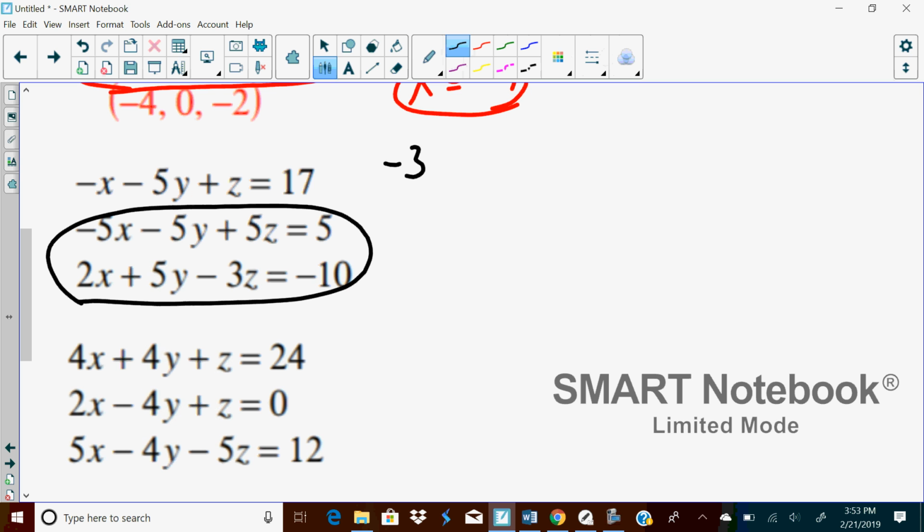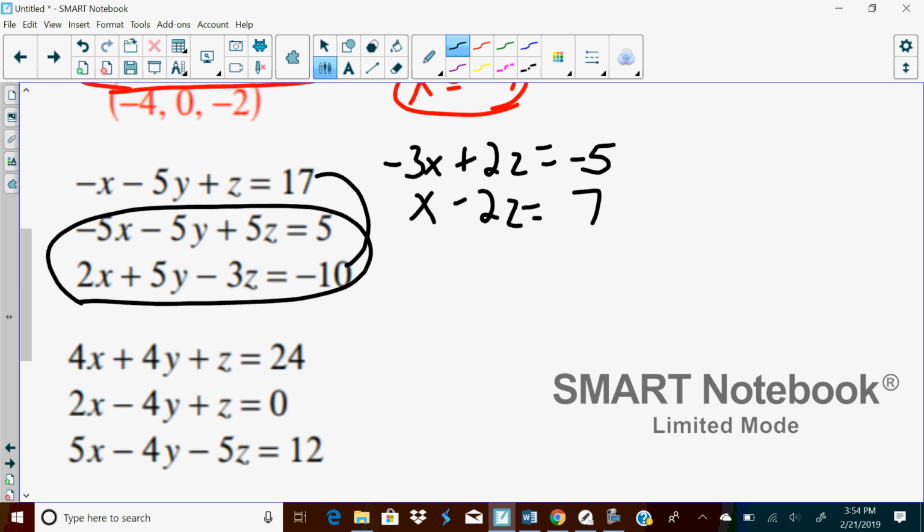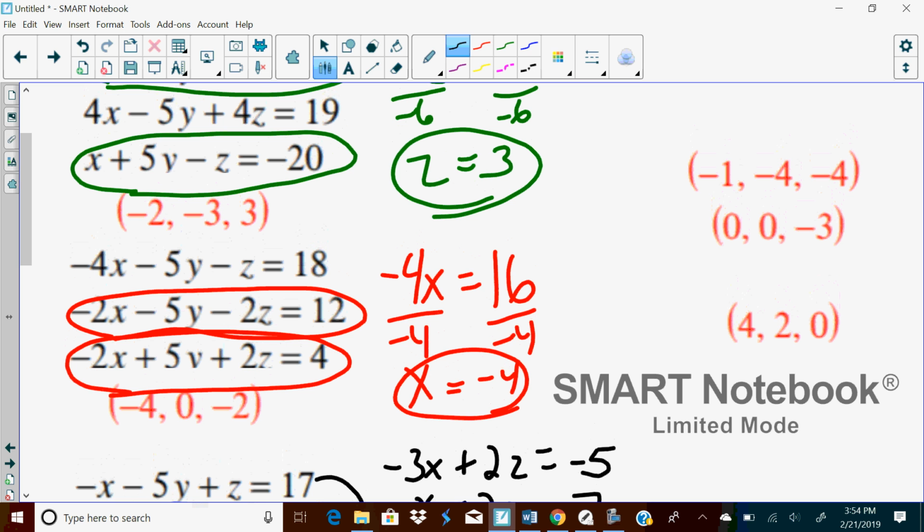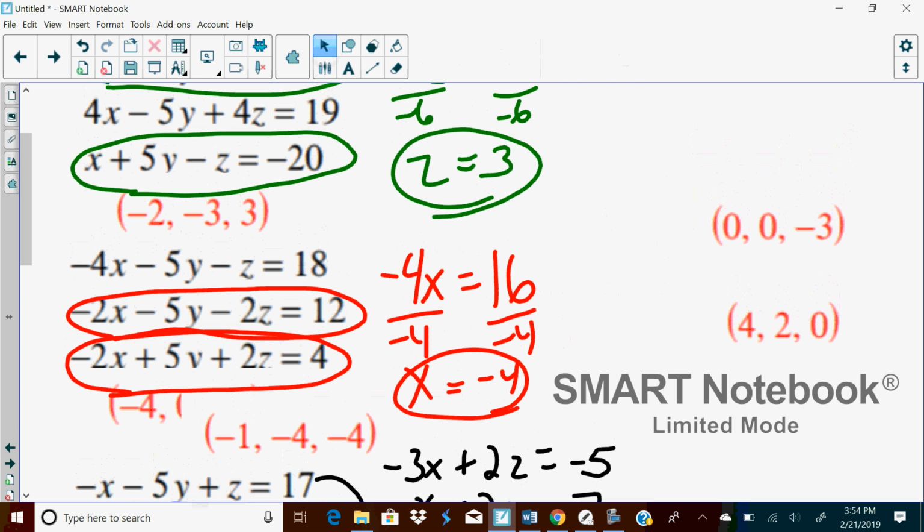So I got a negative 3x, the y's canceled, plus 2z equals negative 5. Then I combined the negative x and these two, so I ended up with x minus 2z equals 7. Then I could combine those two, and I got negative 2x equals 2 divided by negative 2. So I ended up with x equals negative 1. So it had to be this one.